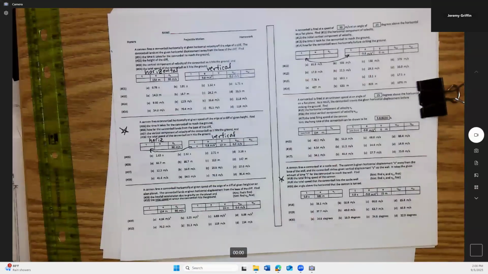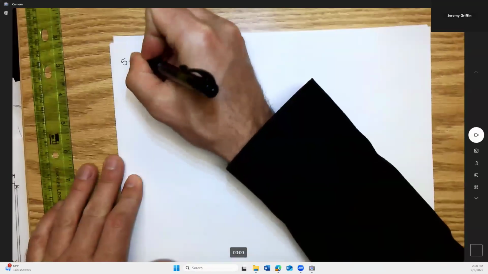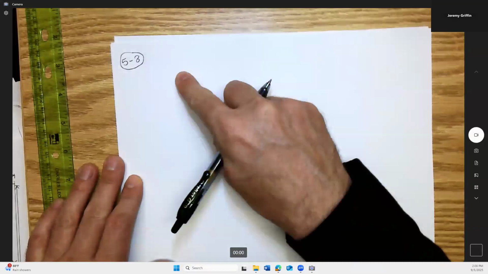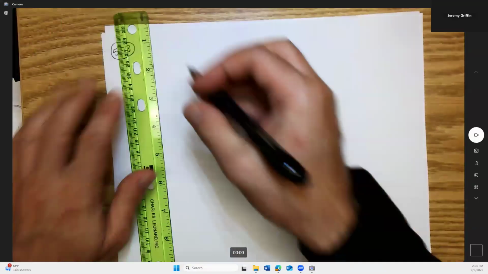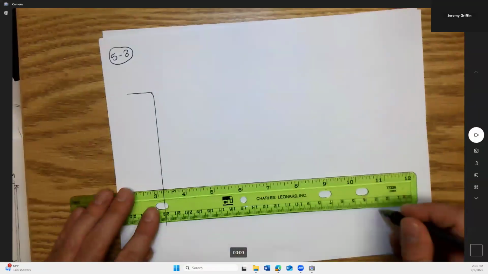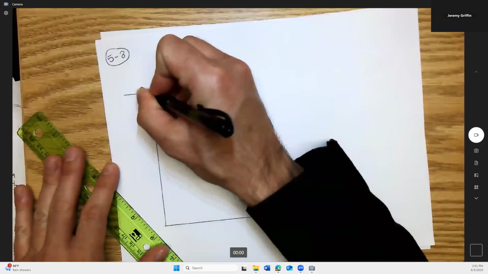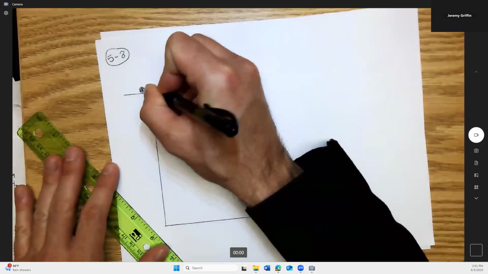How fast is the cannonball crashing into the ground right at the end? So I'm going to draw this on paper and mark what I know, and then see how it solves from here. So this is number 5 through 8. Cannon on a cliff. So get a cliff going. Got a little cannon up here at the top. A blasted cannonball.